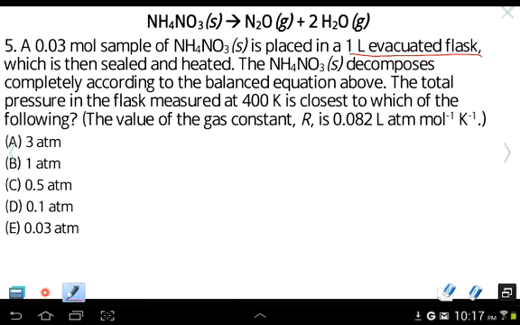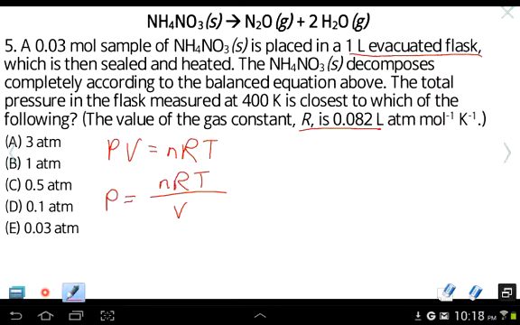And we're given the R constant. So this requires the use of PV equals nRT. Essentially we're going to solve for pressure, which rearranging gives us nRT over V. Now in this case, we have 0.03 moles of our starting reactant, and the reaction is balanced for you.